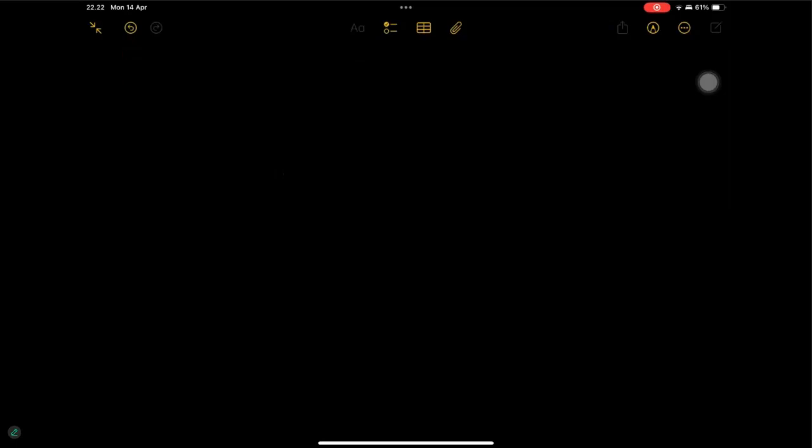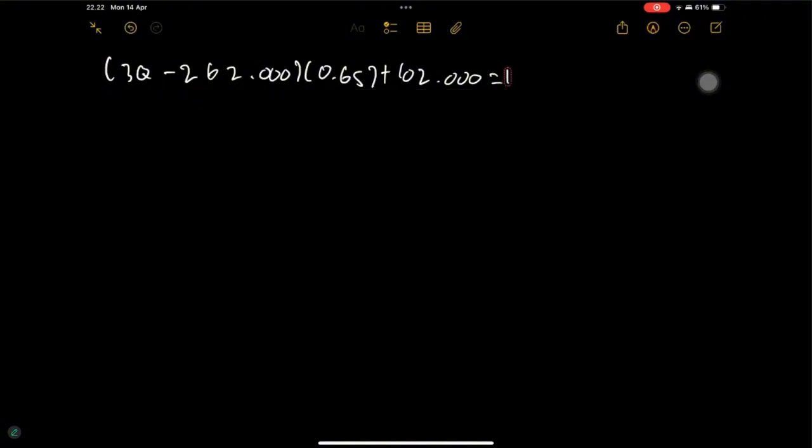Now we solve the 3Q minus 262 times 0.65 plus 102,000 equals 159,490.